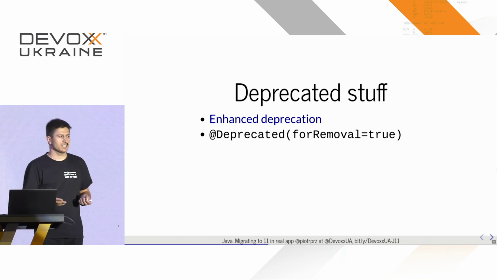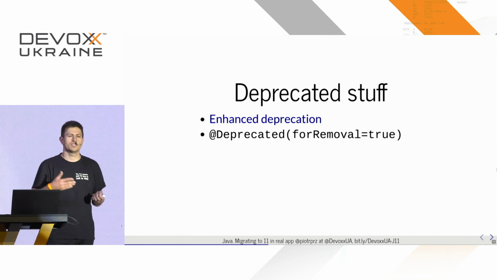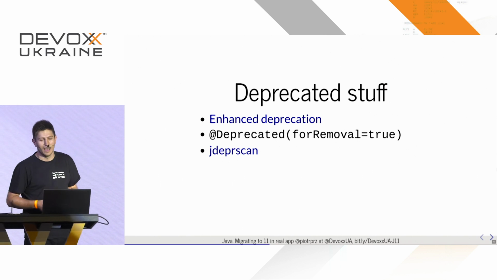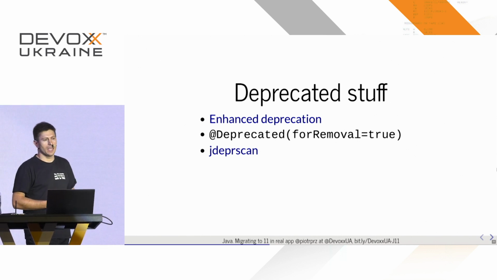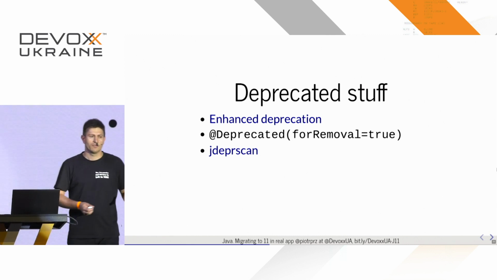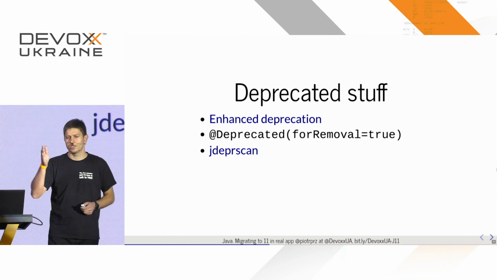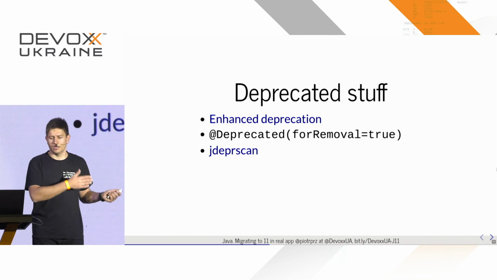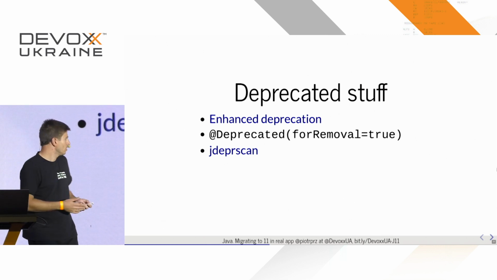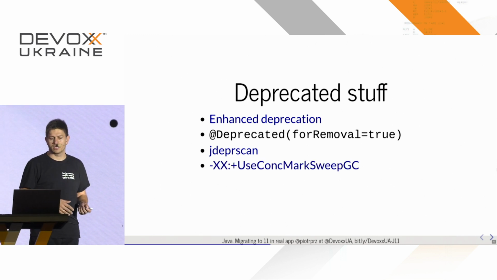So how to detect it if you're not compiling the code or you have disabled the compiler warnings, because who cares about compiler warnings, right? Then you can use jdeprscan, and you just feed it the class path, and it will tell you that, for example, this jar is making a call to a method or a class which is deprecated for removal. So you should take care of this.